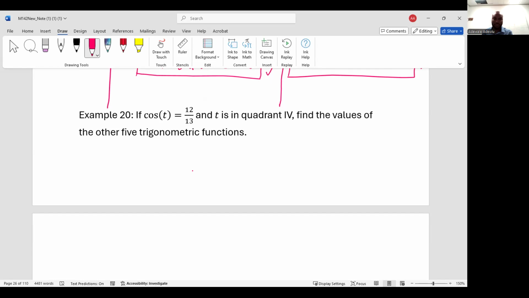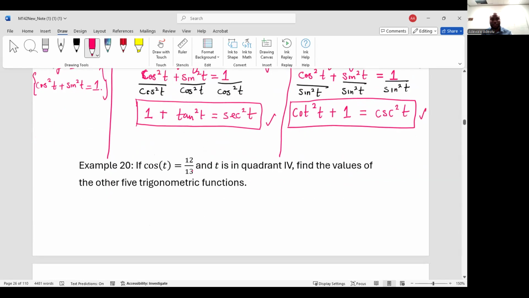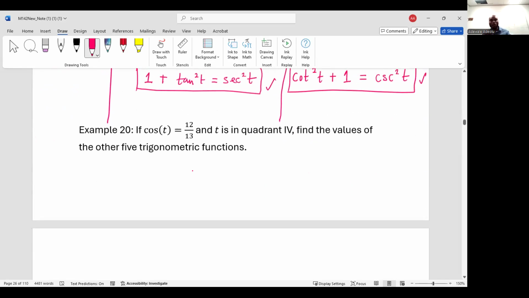Look at this. And I want to use this idea. I do know that cosine and sine are related somehow by the Pythagorean identity.